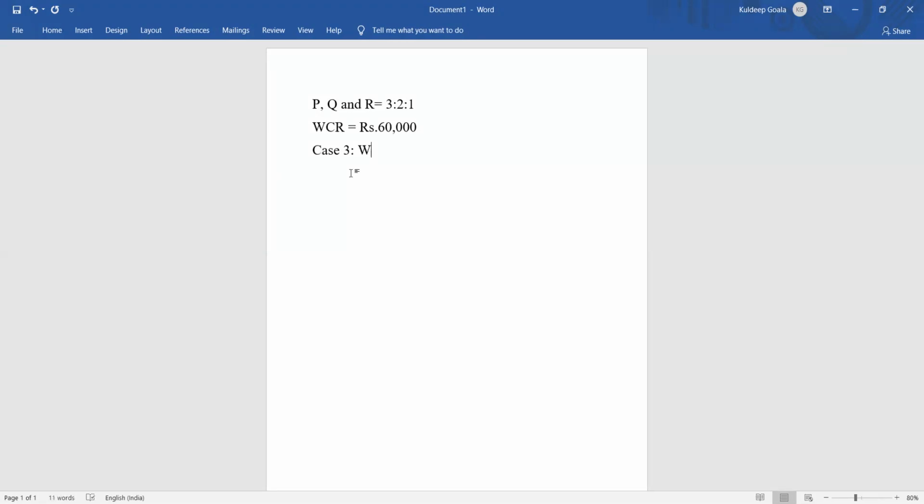Workmen, there was a claim of workmen compensation of rupees, say 70, let me make it easier for you all, 72,000.